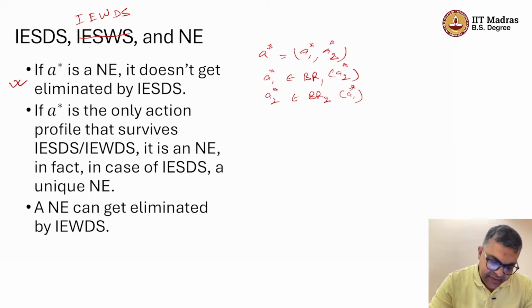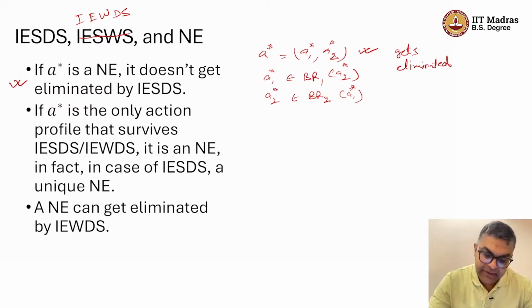Let us say that A star is a Nash equilibrium, but it gets eliminated. It would not cost us anything if we say that in the process of elimination A1 star gets eliminated first. Either A2 star doesn't get eliminated or A2 star gets eliminated later. Nothing would change if we reverse the order.